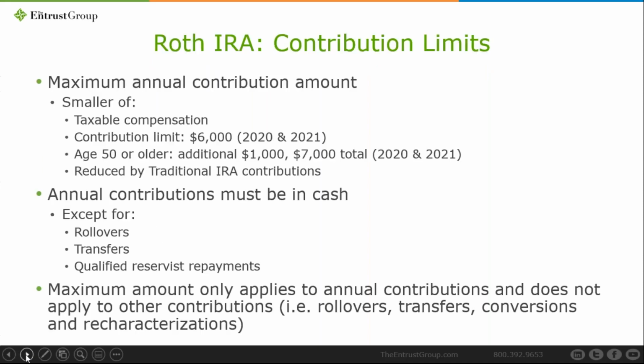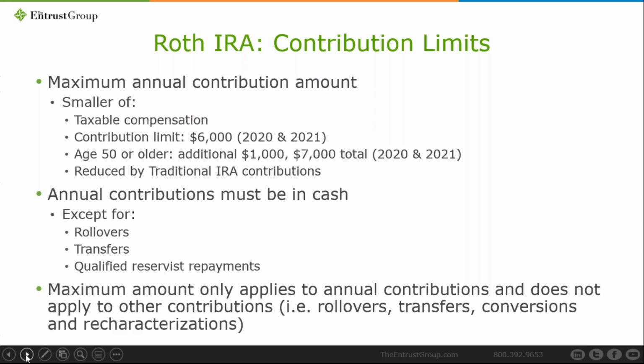Now, what you'll see here is almost exactly the same slide as for the traditional. The reason for that is the maximum contribution for a given year for a taxpayer to any traditional or Roth IRA is shared. The maximum is shared by both traditional and Roth IRAs. In other words, the $6,000 that we mentioned earlier for a traditional is shared by both a Roth and a traditional IRA.